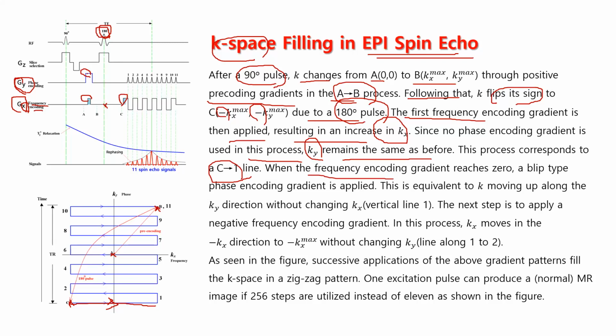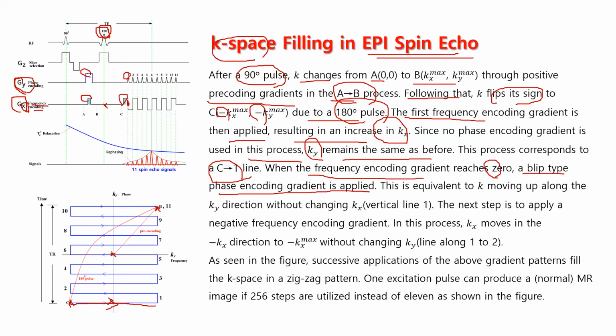When the frequency encoding gradient reaches 0, a blip type phase encoding gradient is applied. So at this point, the frequency encoding gradient is 0. So a blip type phase encoding gradient is applied.